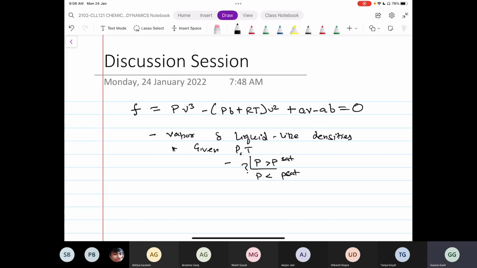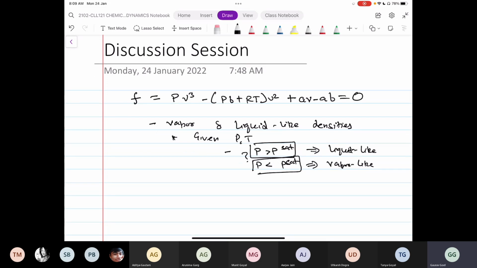If this is true, then you will get the liquid-like solution. And if this, the bottom one is true, then you will get the vapor-like solution.